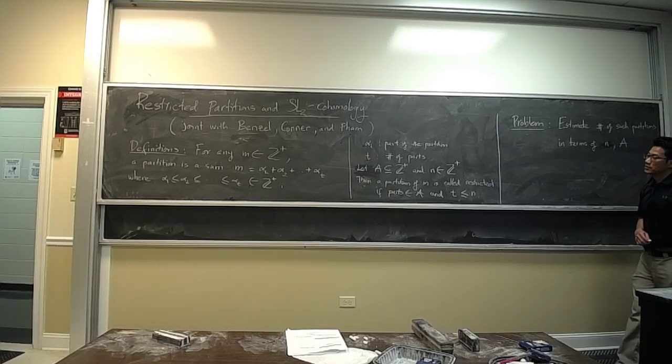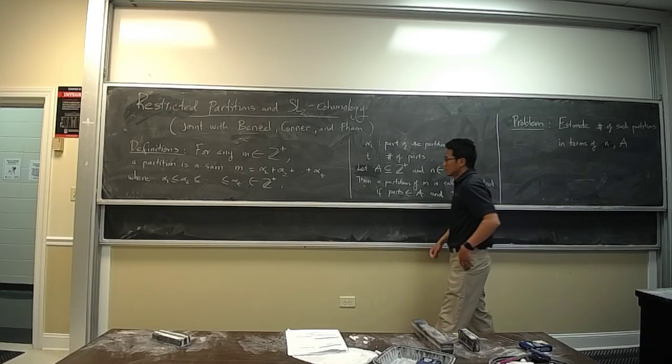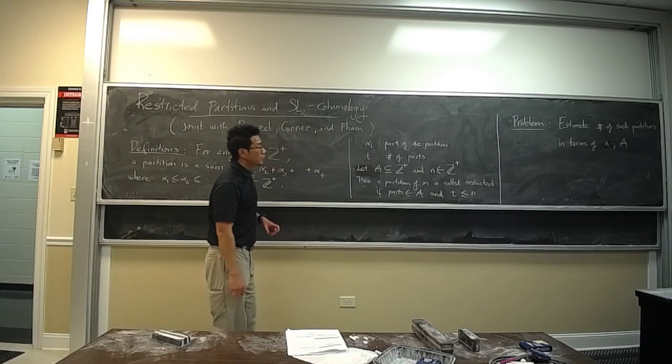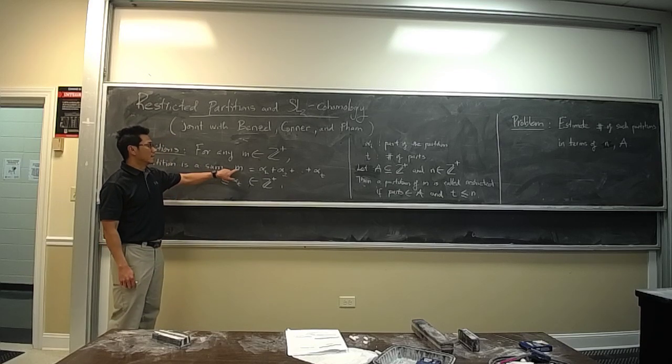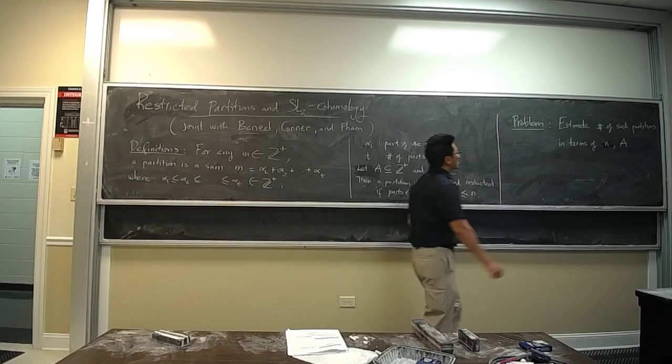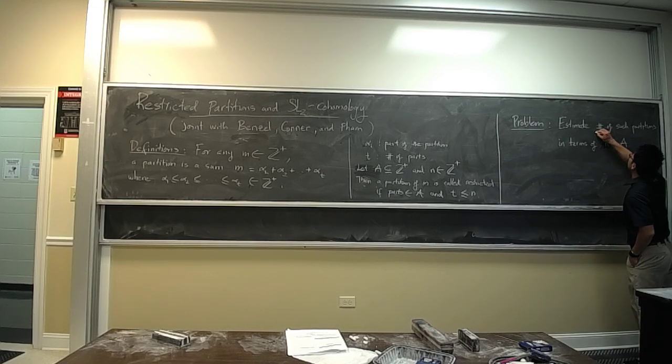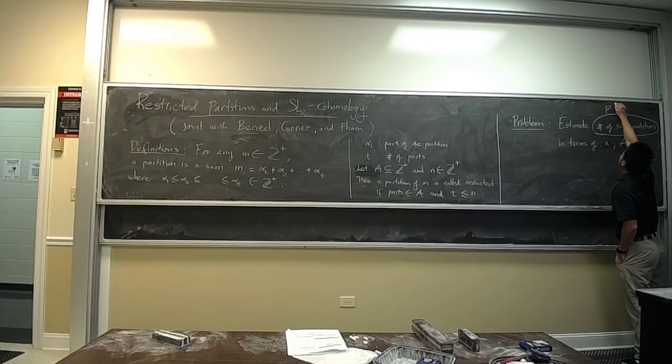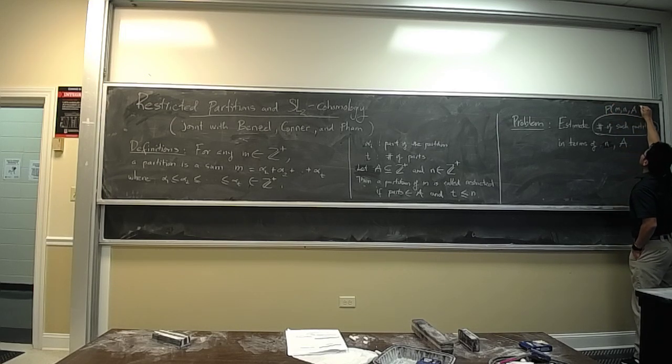We want to estimate it for all the integers n. To be short, from now on I'm going to denote this number of partitions by P of m, n, A. This number depends on m, n, and the set A.